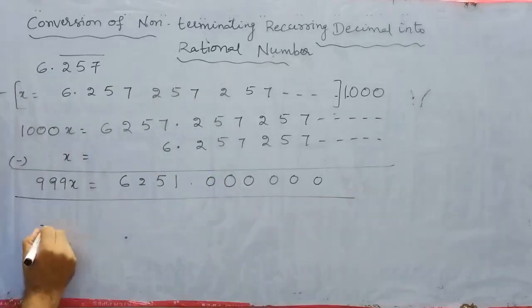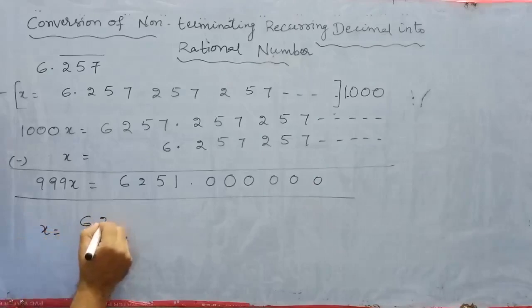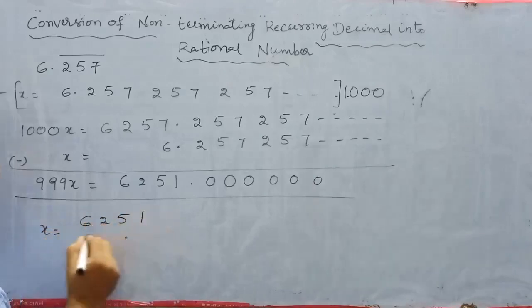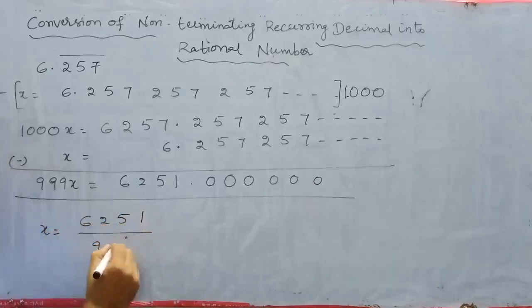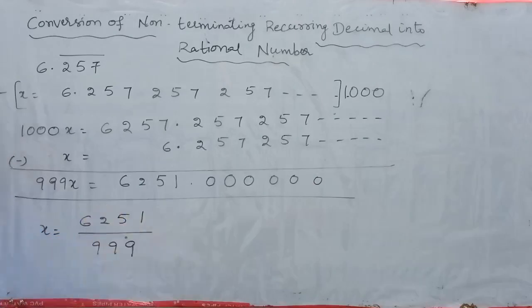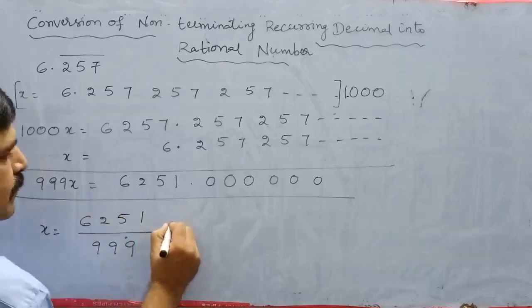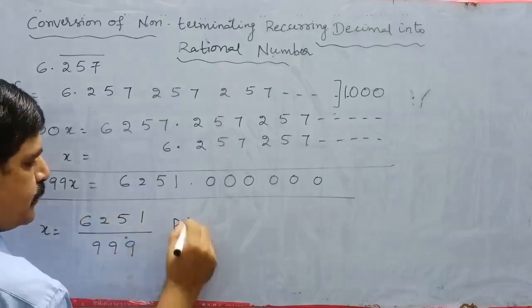Then x is equal to 6251 by 999. This is the p by q form for the above problem.